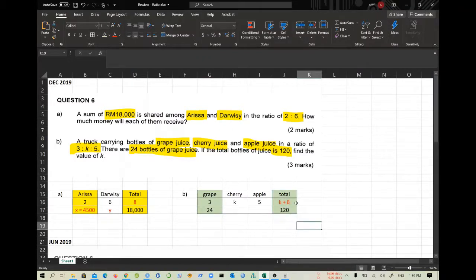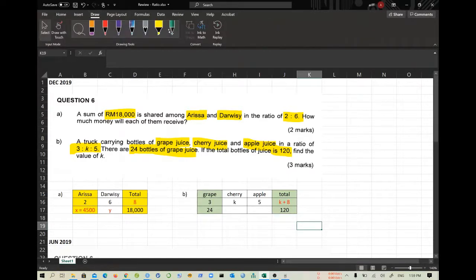Because even though this one you can see 3 and 24 you have a value, and this one you have a value, and this one doesn't have a full value. You have an unknown, but you can solve for the unknown because you only have one cell that has no value, right? So using these columns, let's just solve the problem.